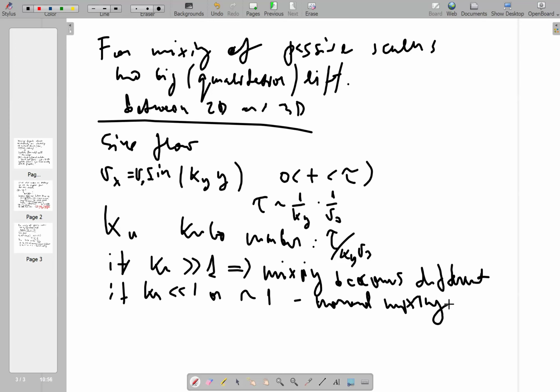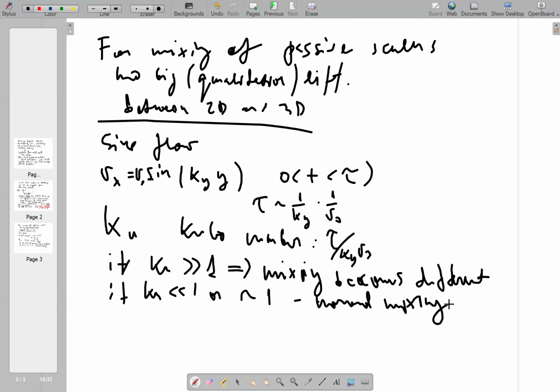We are not right now discussing large Kubo numbers; actually we did consider infinite Kubo numbers. You remember we started with stationary velocity fields, right? When there was an array of vortices that was standing, and then I discussed also a little bit about the percolation problem and how it is related to mixing and diffusion in stationary fields.